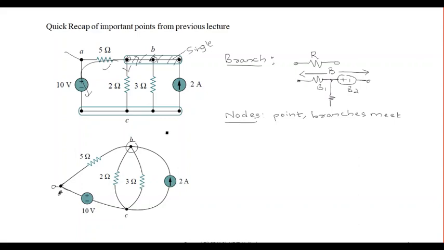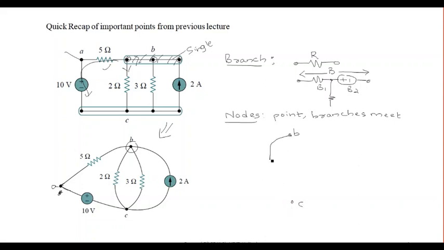You can have the same representation like this also. Or even if I neglect node A, I may come out with another figure, where I call the points B and C only.